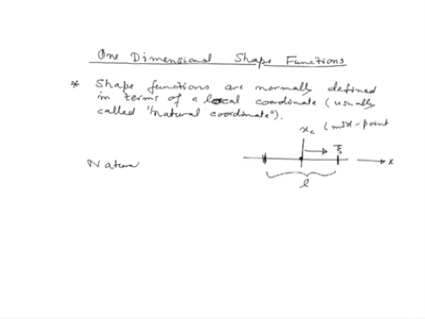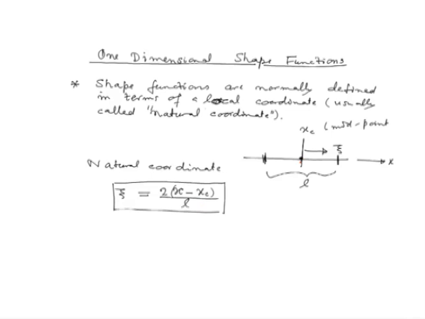So, this natural coordinate xi is defined as x minus x_c, twice of it divided by L. Now, please remember that x_c is the middle point.